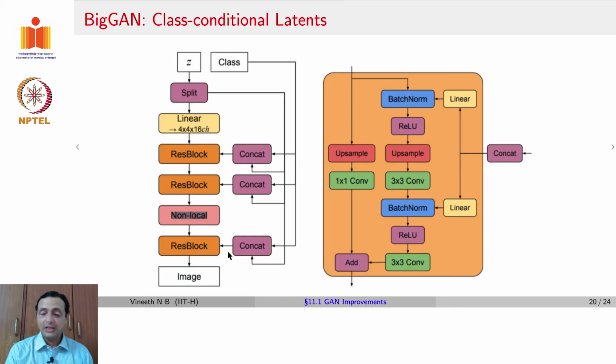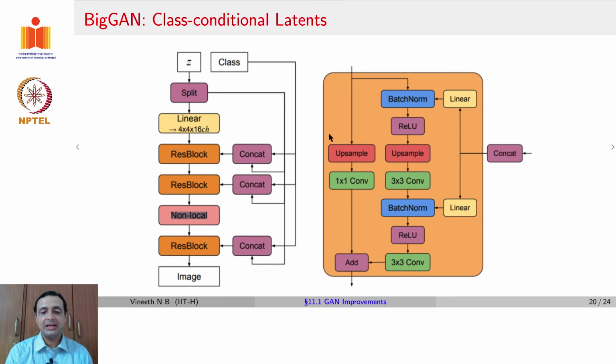In addition, BigGAN also introduces class conditional latents in a slightly different way. Instead of a class conditional latent, which could be a one-hot vector, being given directly to the input of the generator, the class conditional latent is given as a separate input at multiple stages of generation, where it's concatenated with certain input and then given to each of these residual blocks.